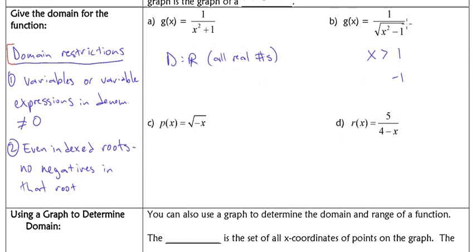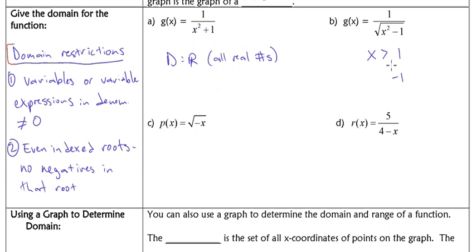Now numbers less than 1 but greater than 0, like 0.1 or 0.2, those squared are going to be less than 1. So if we subtract 1, we'll actually get a negative number in our square root, and that would violate the second restriction, the even index roots that can't have any negatives. So numbers less than 1, that's why they don't work here.